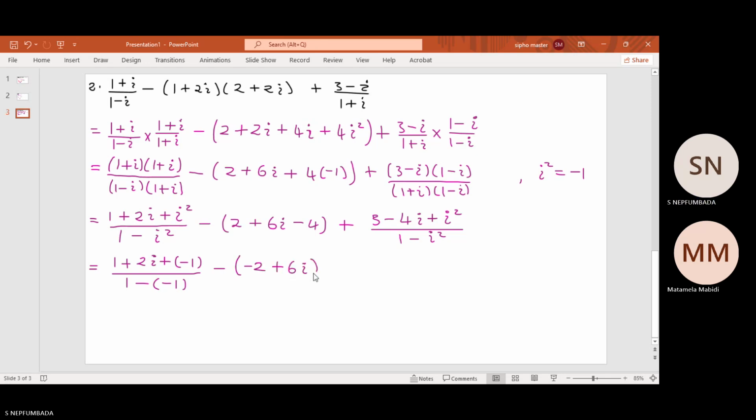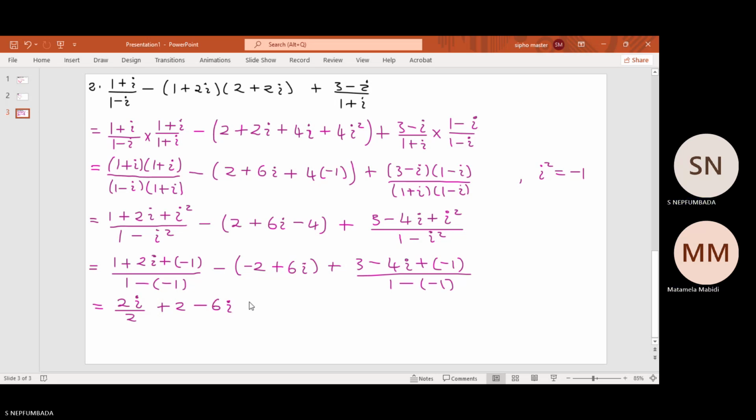Minus 1 divided by 1 minus 1. Then we're going to have 2i divided by 2, and let that 1 and 1 cancel. We remove the bracket. This is plus 2 minus 6i.